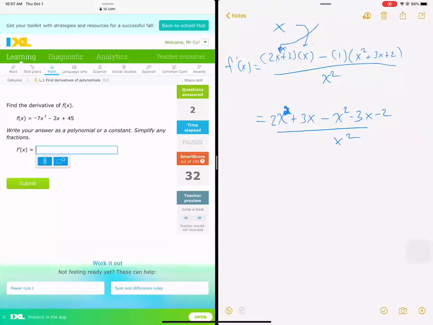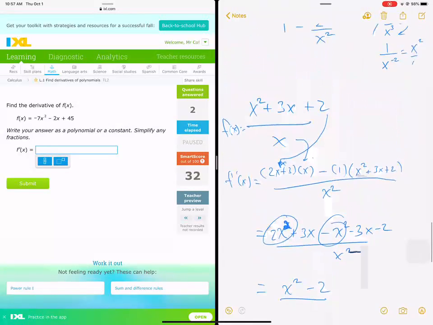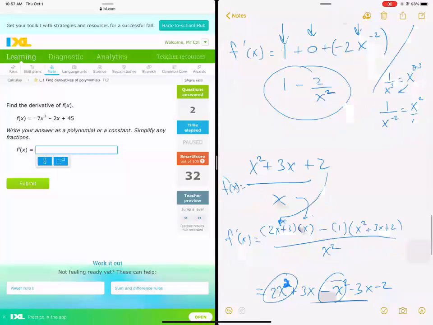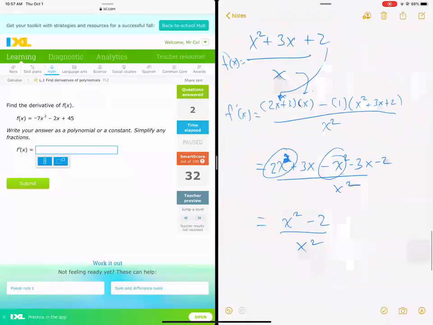We can simplify this to like terms, x squared minus 2 over x squared. Does this look like my answer up here? Yep. If I give myself a common denominator, this does equal 1 minus 2 over x squared.